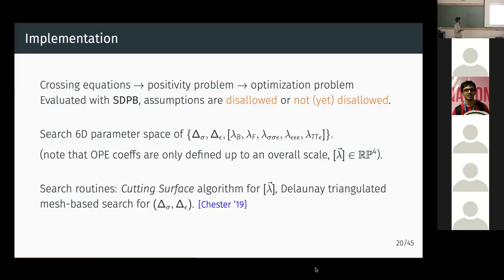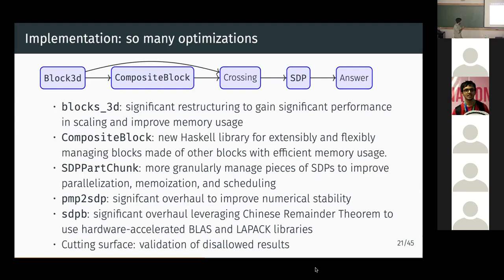And we use various search routines to get through this gigantic parameter space, in particular this cutting surface algorithm for the OPE coefficients and a Delaunay triangulated mesh search for the scaling dimensions, which were both described in this paper before. Then once we have those assumptions, we need to compute all of our crossing equations and turn them into a program for a computer.